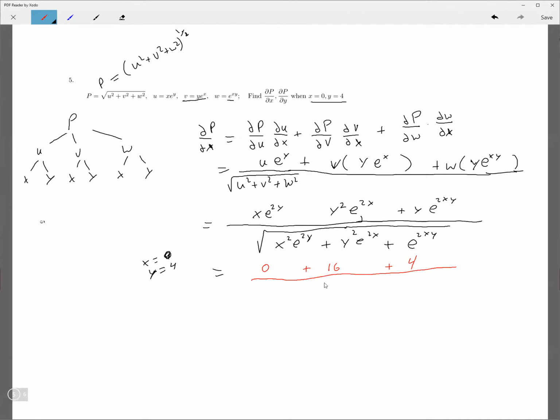I like that x is 0. I really appreciate that. Thank you, WebAssign. Then here that's 0 as well, and this is 16, and that one is 0. So 1. So we have 20 over the square root of 17. That's weird.